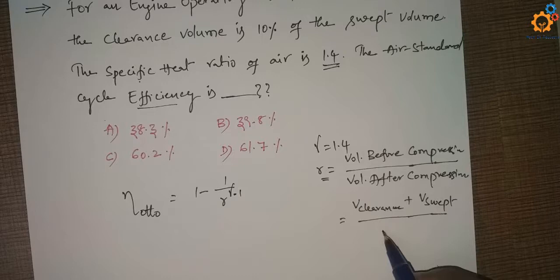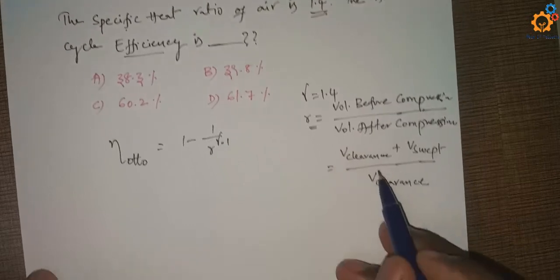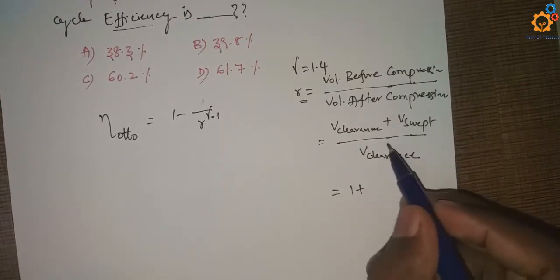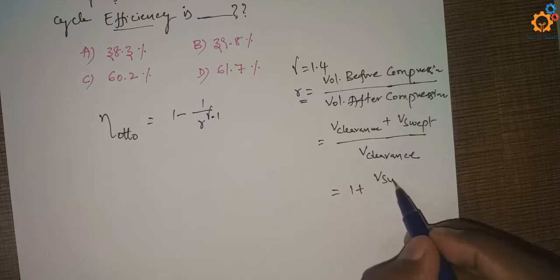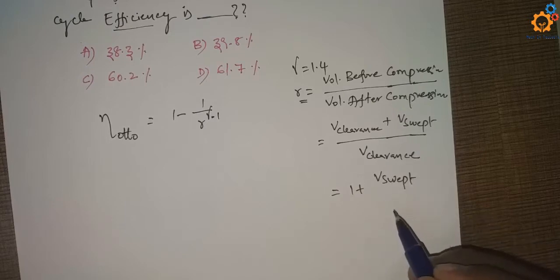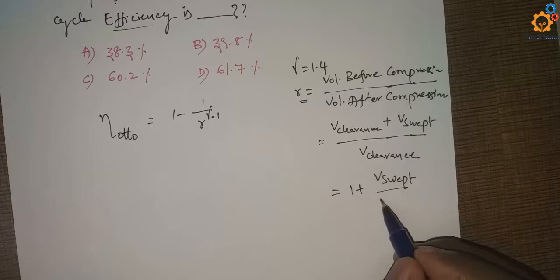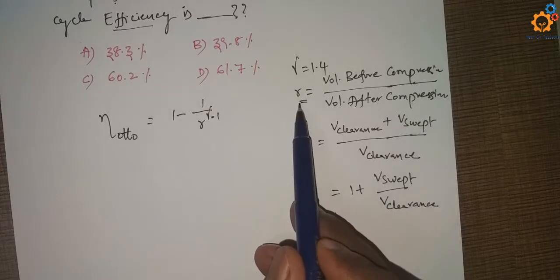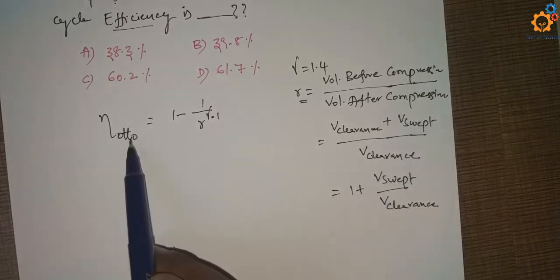After compression, there will be only clearance volume in the cylinder. Alright, and this can be written as 1 plus V swept by V clearance. Alright, we are just trying to find compression ratio, then we can find the cycle efficiency.